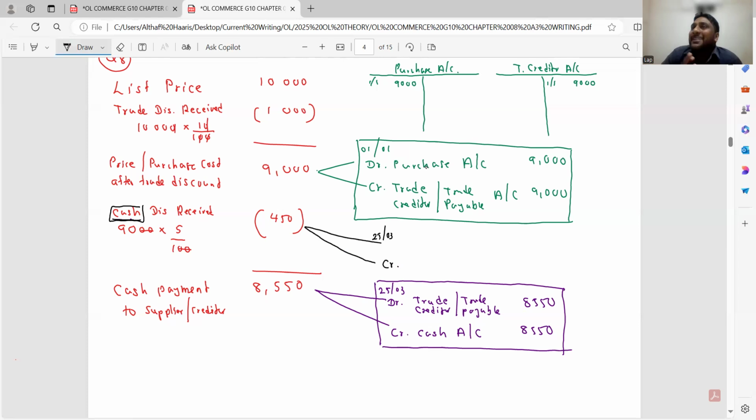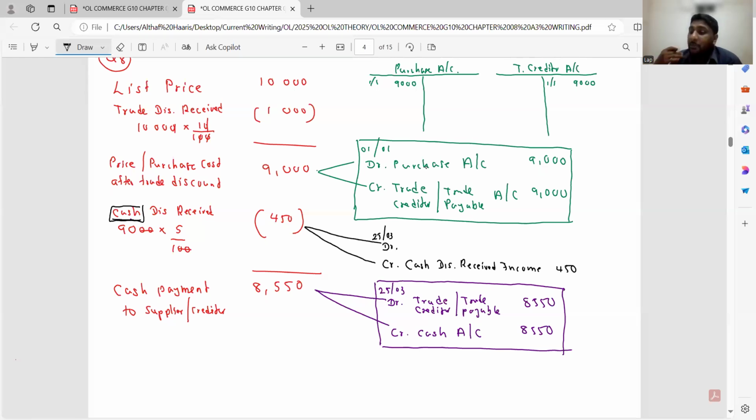Double entry system means your debit side and credit side should balance. So here, cash discount received, income 450.